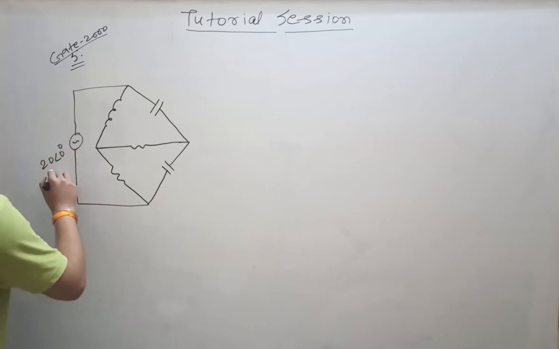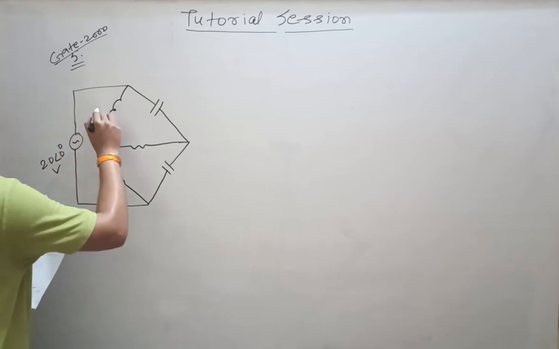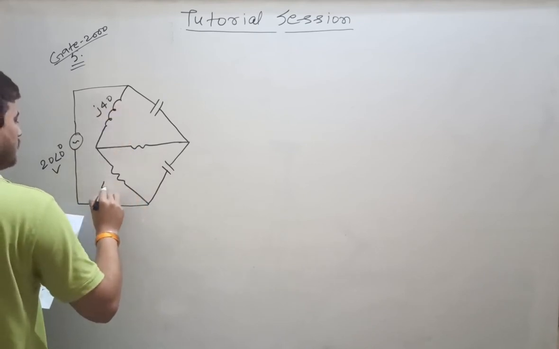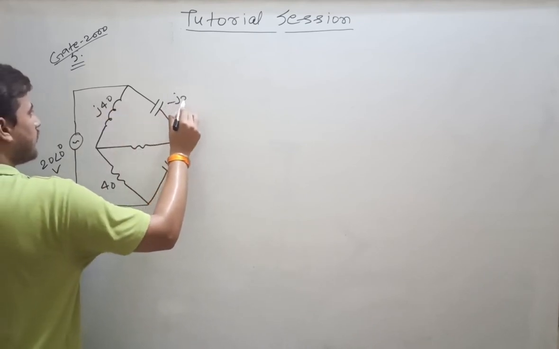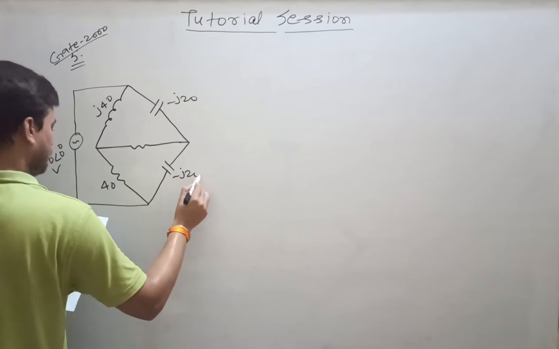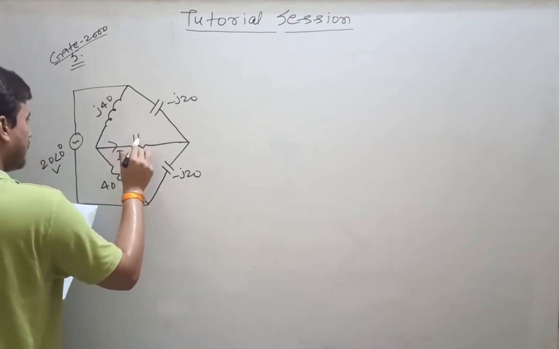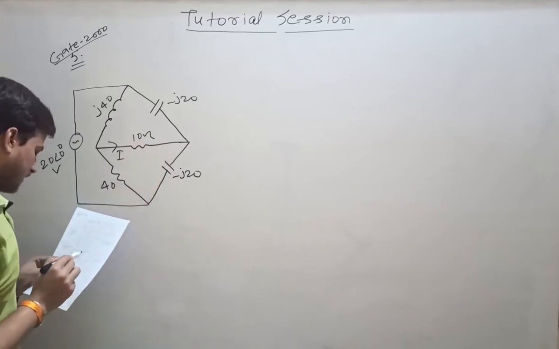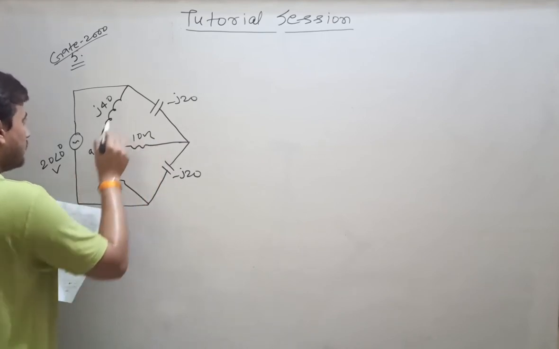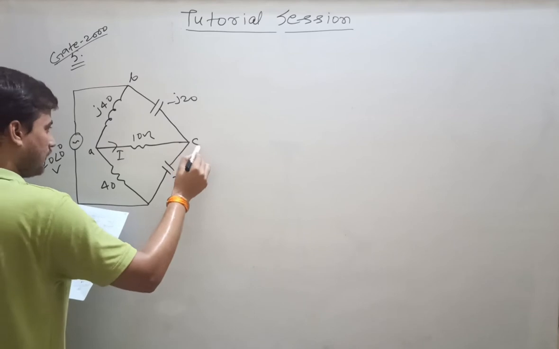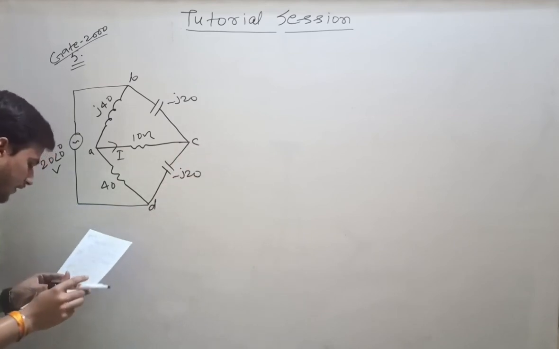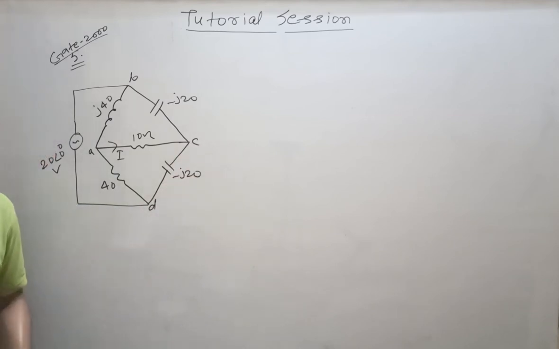Here it is 20 at the angle 0 degree volt, j40, 40, minus j20, minus j20. This is current I. This is 10 ohm resistor. This is 10 ohm resistor. A, B, C, D. This network is given to you. You have to find current I.